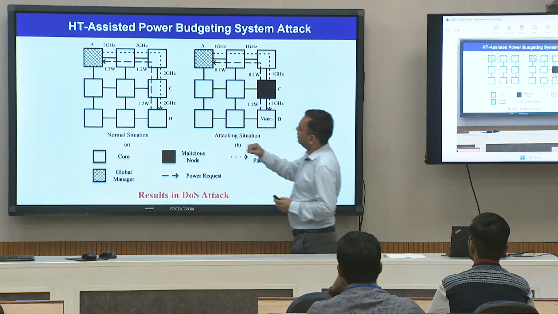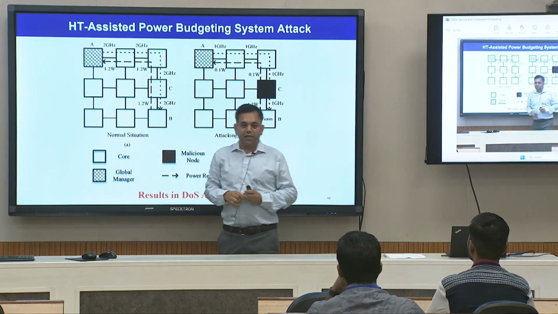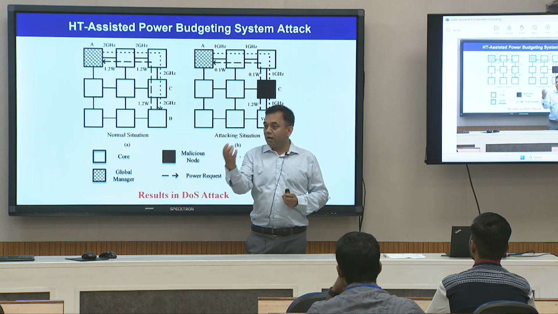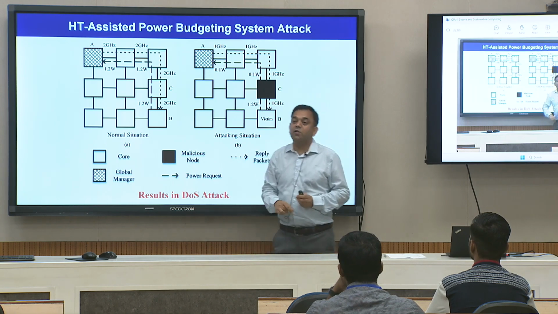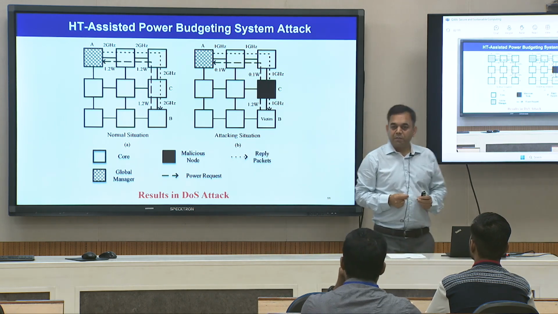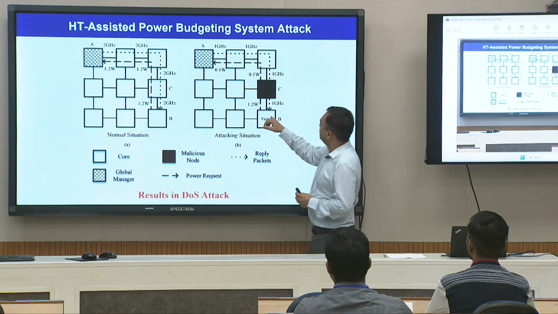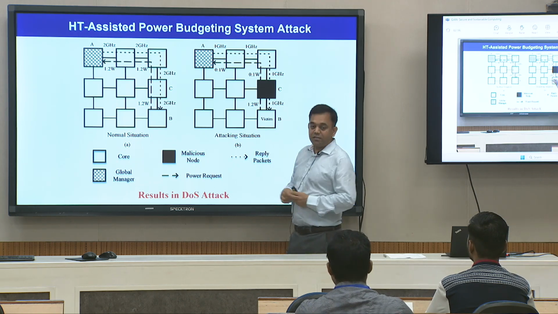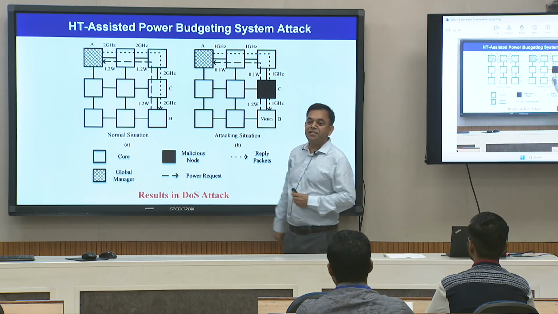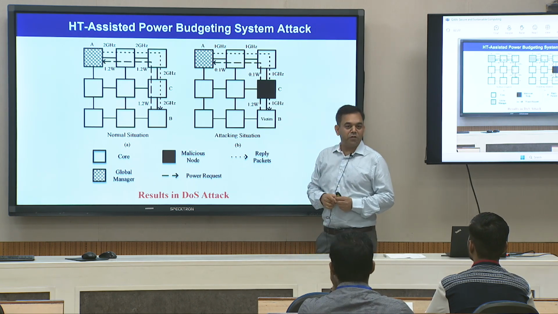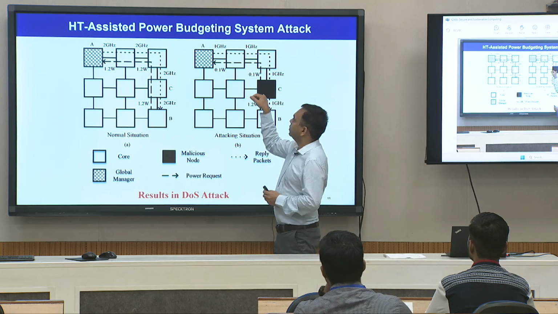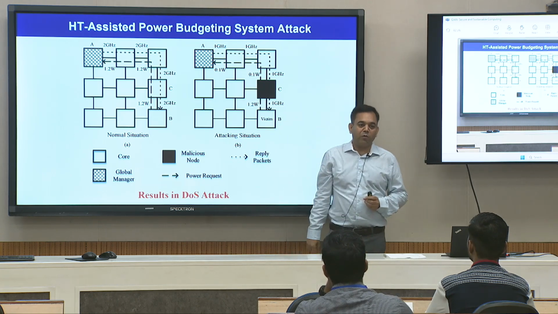But let's say on core C, or there could be a router that connects core C, there is a kind of hardware Trojan. So when you make a request, it can simply change the request. Let's say it says I want 1.2 watt, but this Trojan changed the request to 0.1 watt.